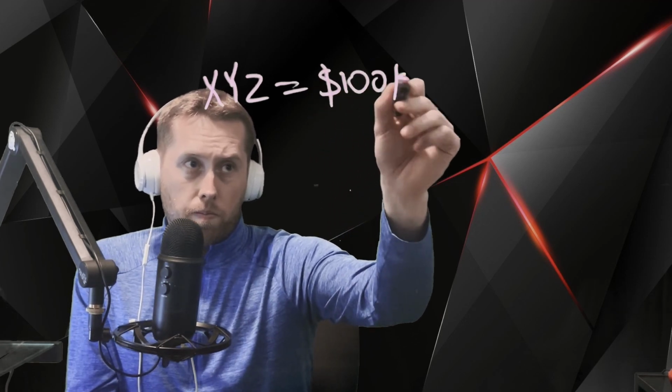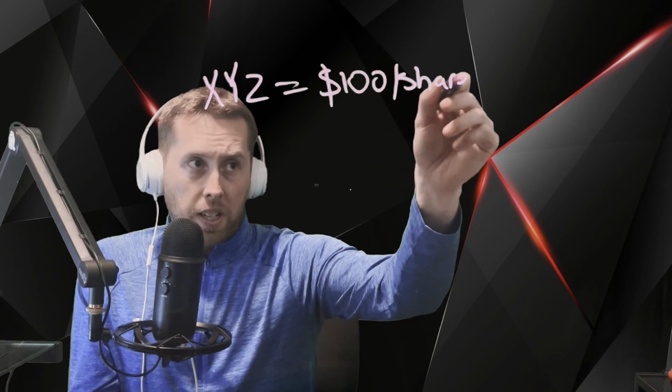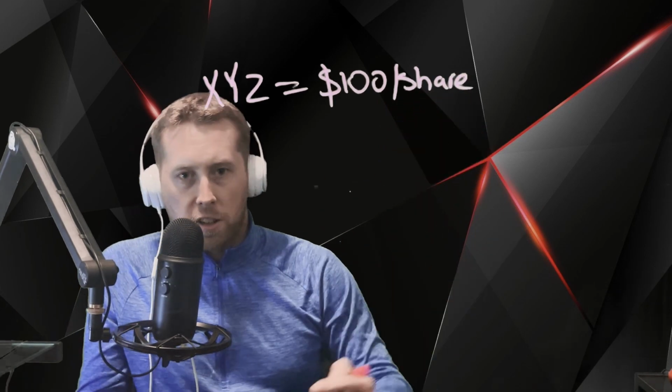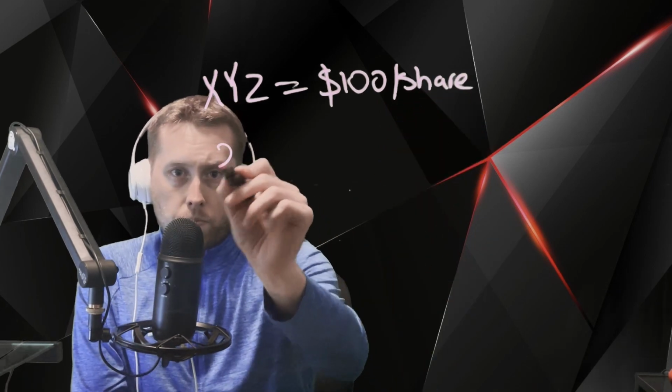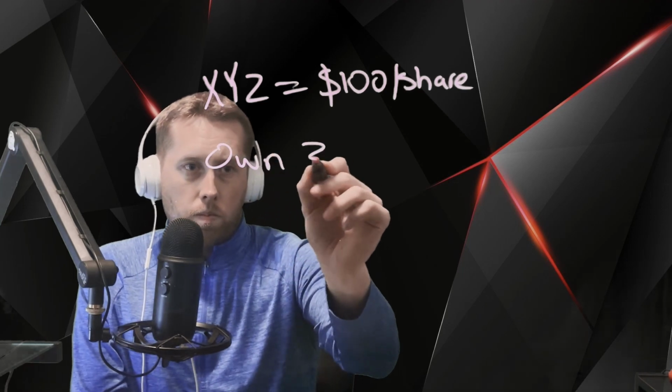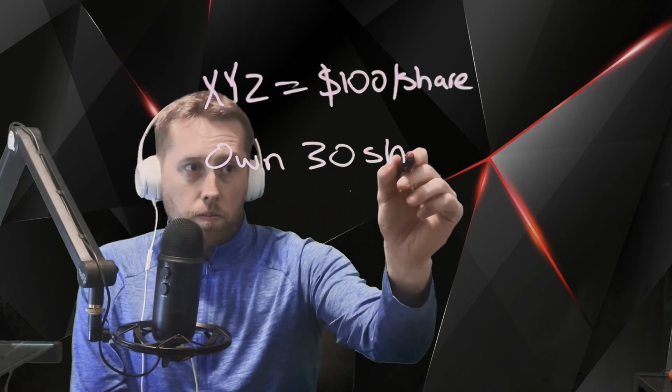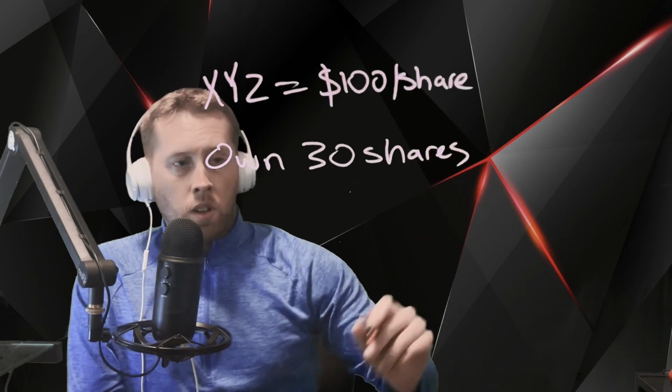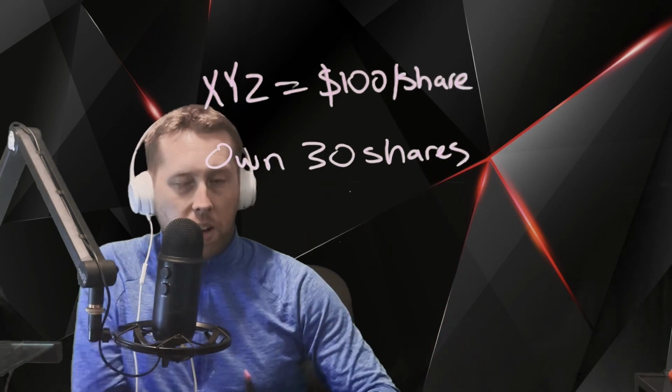So let's say we have XYZ company trading at $100 a share. And let's say we owned 30 shares of the stock. It doesn't even matter what the price is right now.